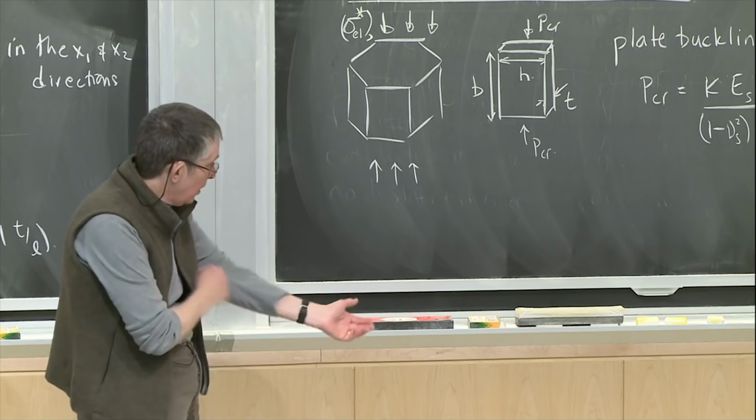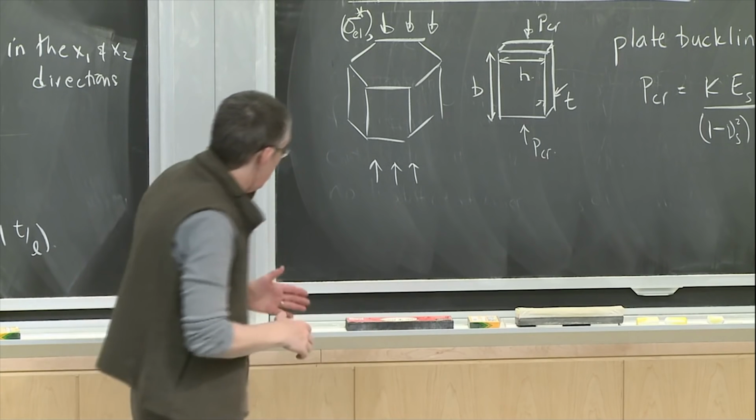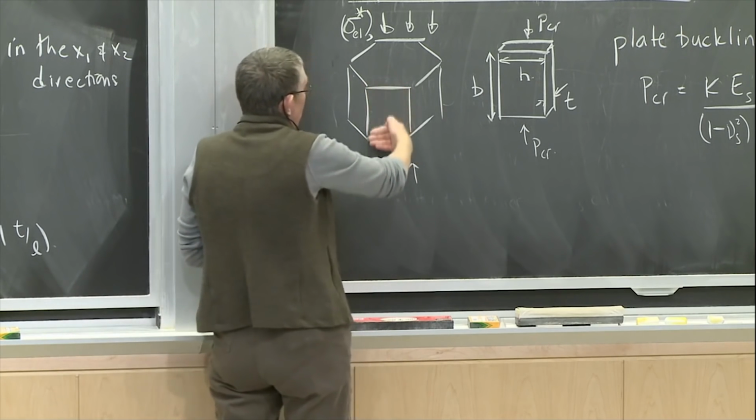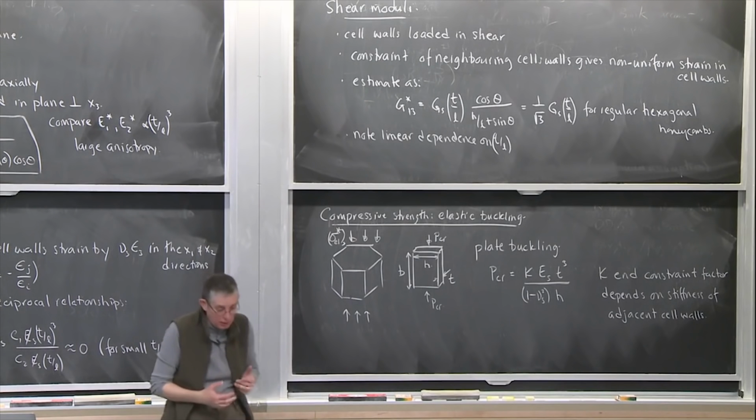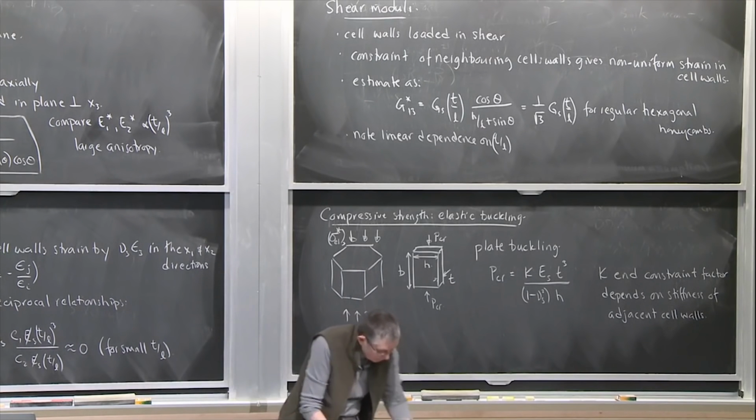So that the end constraint K depends on these, say I'm looking at this wall here of width H here, then how stiff these other 2 walls are is going to affect that end constraint factor.